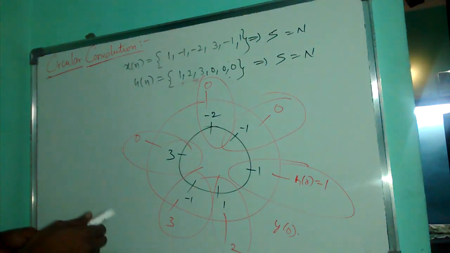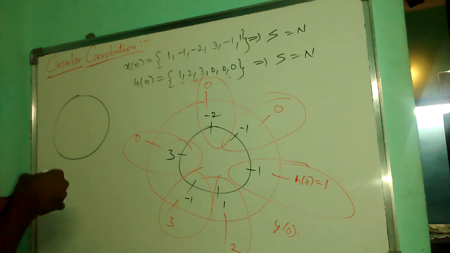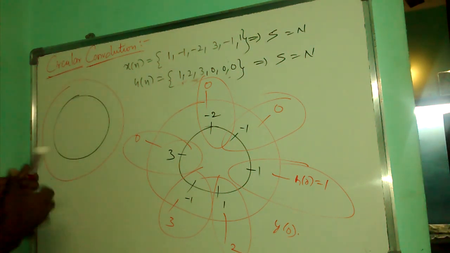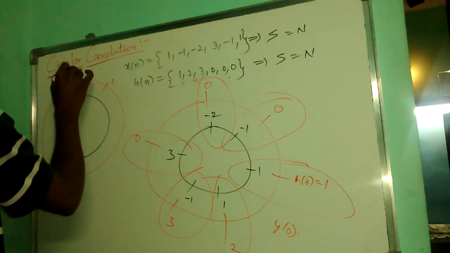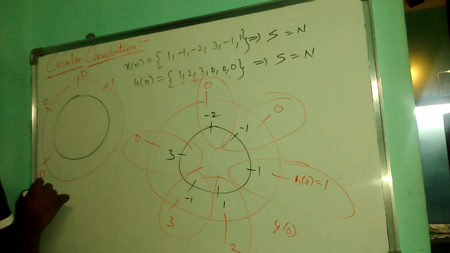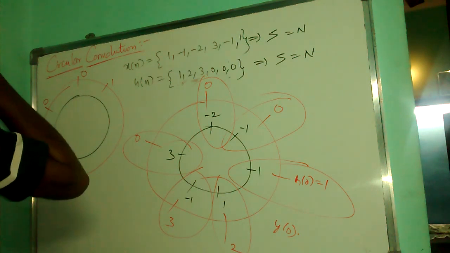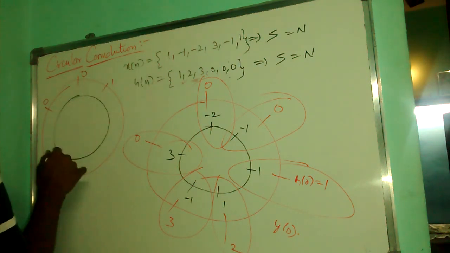Right? So here I get 1, 0, 0, 0. So 3 zeros are over.